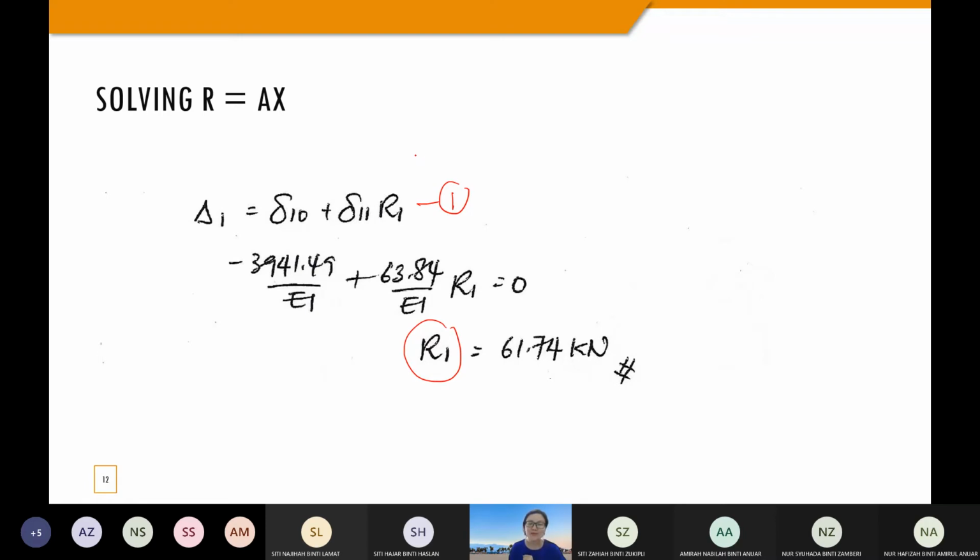This R is the redundant that you have removed earlier, which in this case is AX. Once you solve for AX, you can solve for the remaining support reactions and bending function, just by using M0 plus M1 R1.